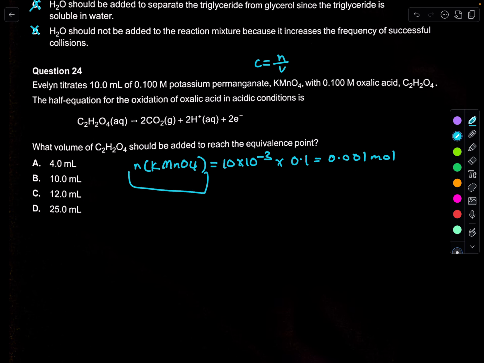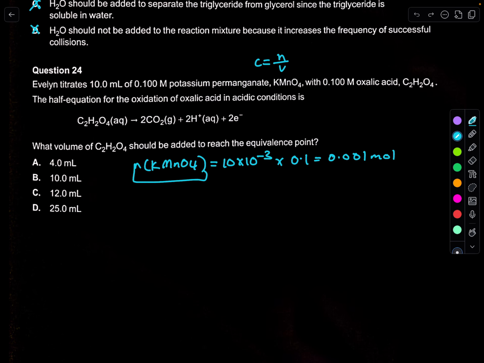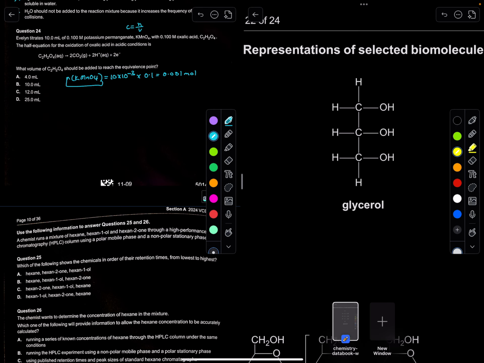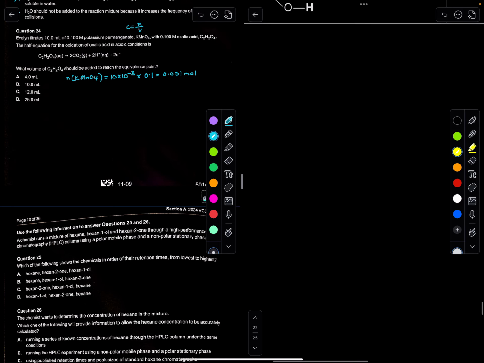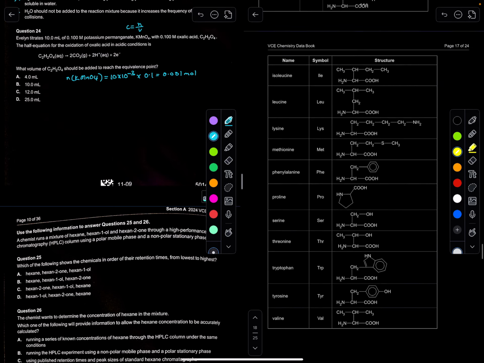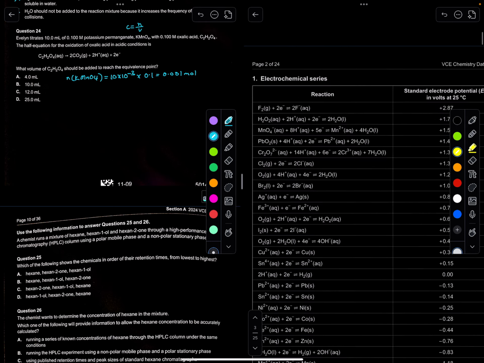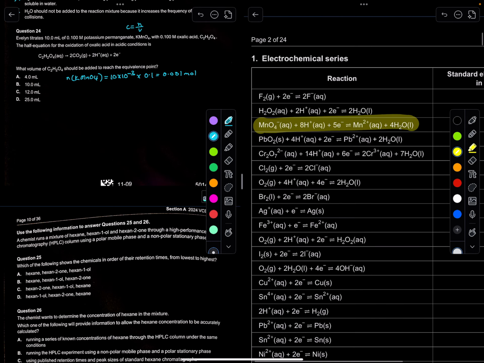So how is this actually very useful? There's nothing we can kind of relate this equation with this equation, but we actually can. How? If you look at your electrochemical series, this is actually new in the study design, it's actually in the data book now. If you look here, potassium permanganate is right over here. This is the reaction.